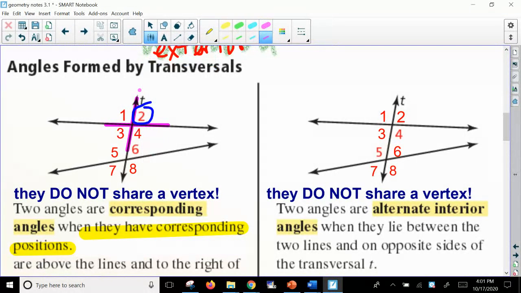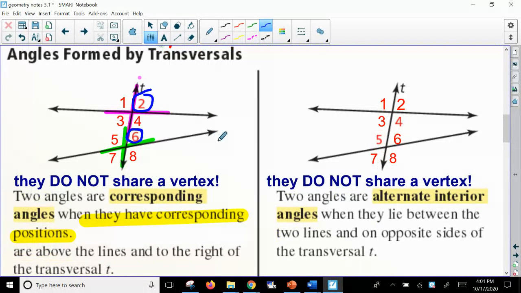Now, if I go down to the bottom line and look at that intersection, which angle is in the same position as angle 2? Angle 6 is also in the top right corner. So angle 2 and angle 6 are corresponding angles. Let me write that down. Angle 2 and 6 are corresponding angles. What else are corresponding angles? Well, you got angle 1 and angle 5. They are both in the top left corner. They're in the same position.